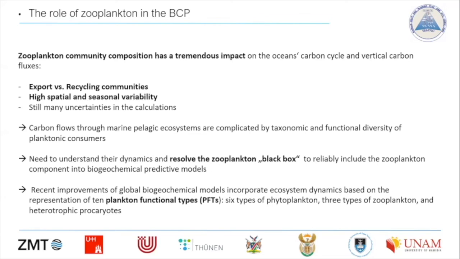And we need to understand their dynamics to resolve this zooplankton black box in the biogeochemical models. There are recent improvements of these models, which already incorporate plankton functional types, as for example 6 types of phytoplankton and 3 types of zooplankton have been incorporated in rather recent model calculations.